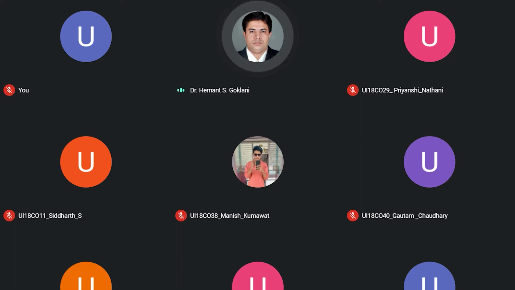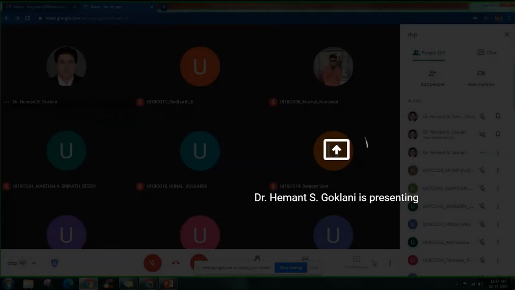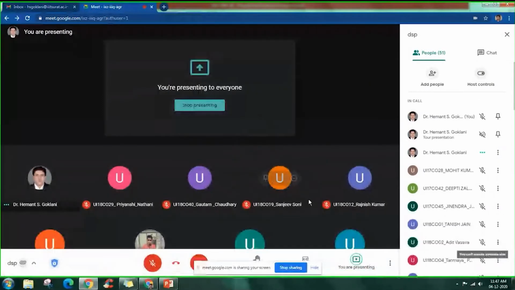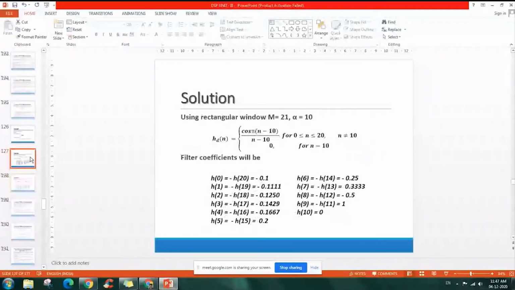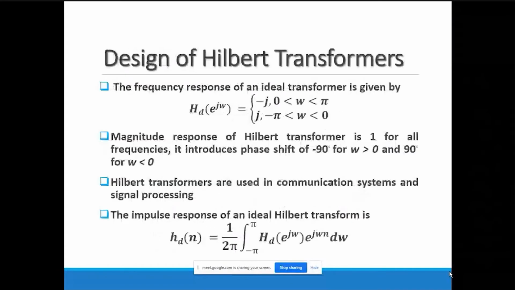Any of you got the answer for at least a few points? Okay, after checking roll numbers 12, 19, and 40, I will share the answer at the end for this example. Okay, we go for the next theory.